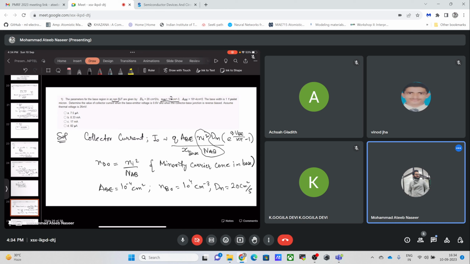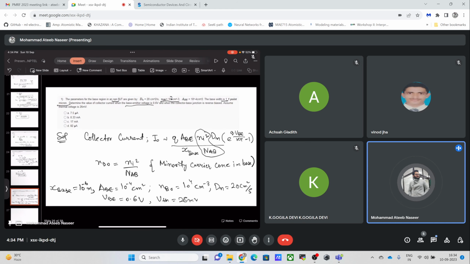The base emitter voltage is given as 0.6 volts, VTH is 26 millivolts, and X of base is 1 micron, so it is 10 to the power of minus 6 meters.